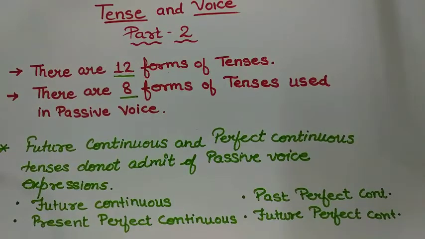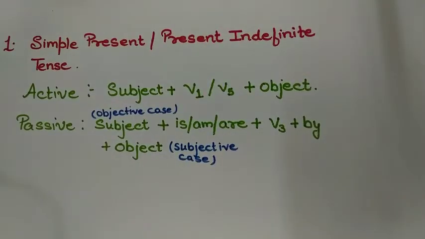Today, in this class, we are going to discuss the very first one, that is present indefinite tense. We will see the construction formulas and usage of active and passive. So, let us see this.